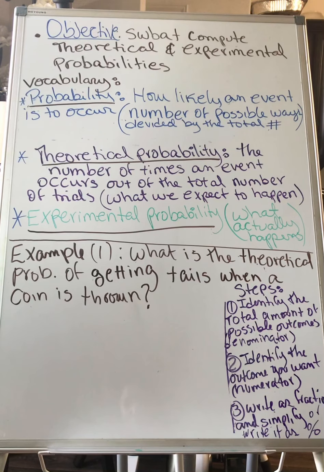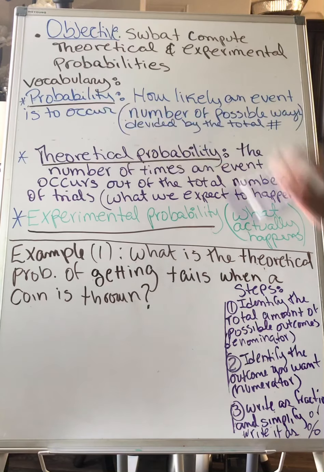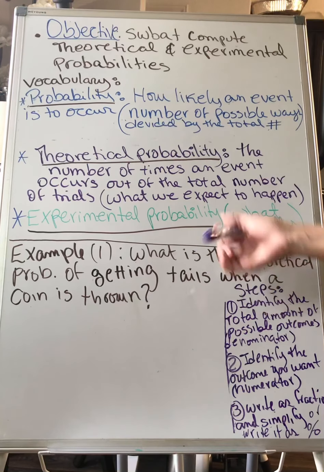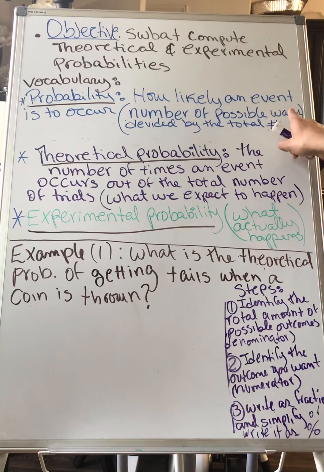The first bullet point says that probability is how likely an event is to occur. When we're writing down the probability, it's usually going to be the number of possible ways that you're interested in divided by the total number of possible outcomes, which is always going to be your denominator.